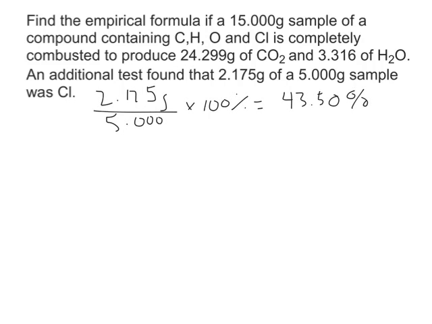And because they were being difficult and giving us the percent of chlorine using a mass that isn't the same as this, I can now figure out what mass of the 15-gram sample, the one that tells me about carbon and hydrogen, is chlorine. So 15 grams times my 43.5% tells me that I have 6.525 grams chlorine.